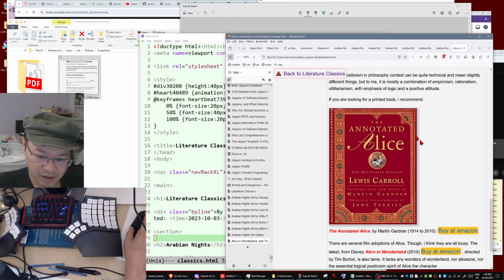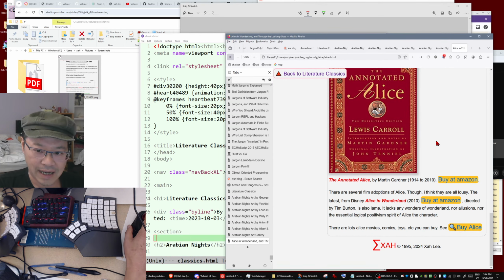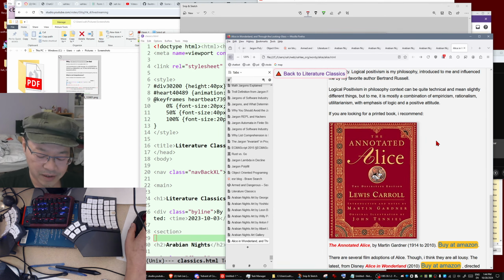So in my opinion, this Alice in Wonderland is a representation of the philosophy logical positivism. Okay, if you don't know that philosophy, you need to look up Wikipedia.